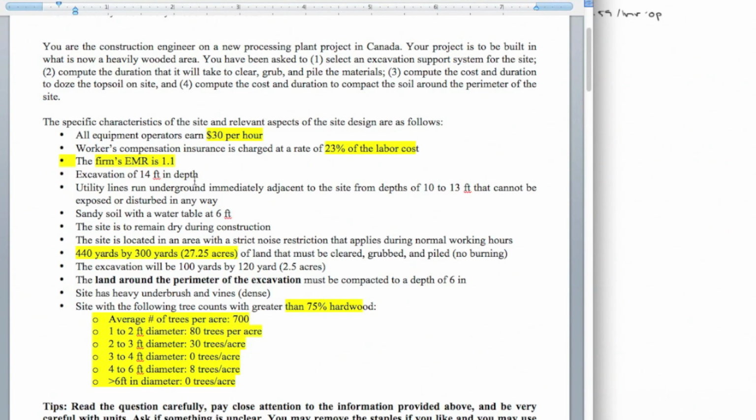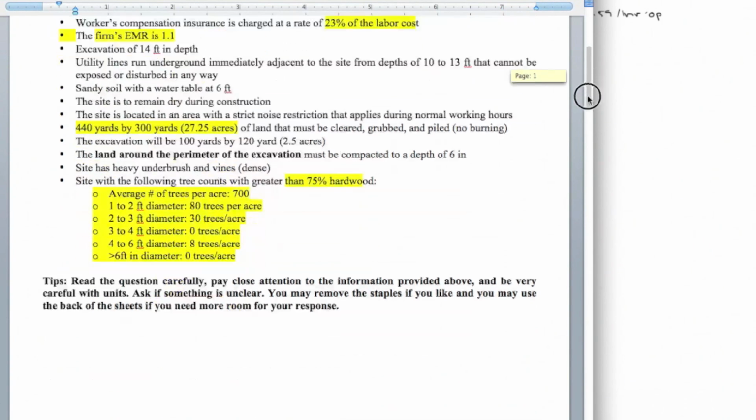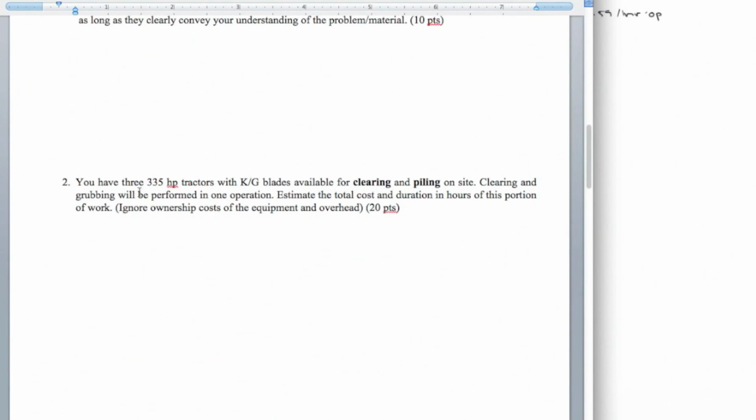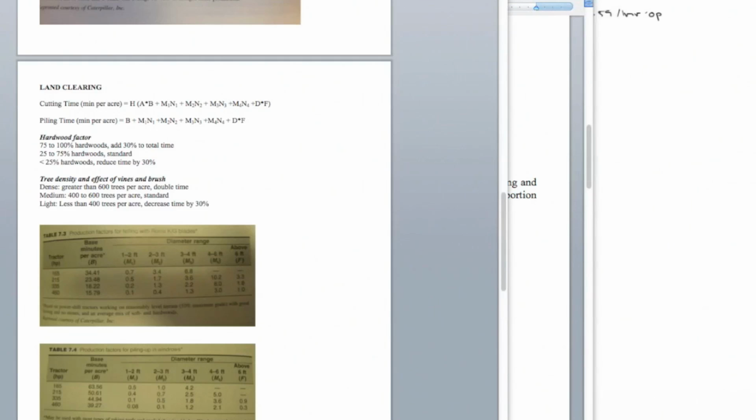The only thing is we need to look at the problem to get the right column, and it's a 335 horsepower tractor. Looking in this chart, for 335 we get these numbers: B is 18.22, M1 is 0.2, M2 is 1.3, then 2.2, 6.0, and 1.8. This is for felling, which is cutting.